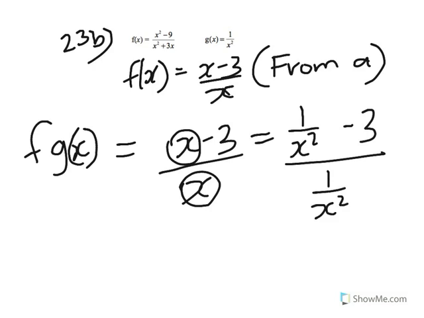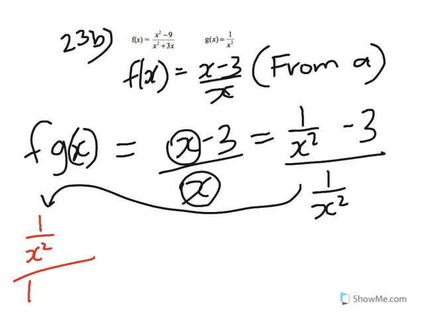Now you have to simplify this. This can also be written as 1 over x squared over 1 over x squared, minus 3 over 1 over x squared.